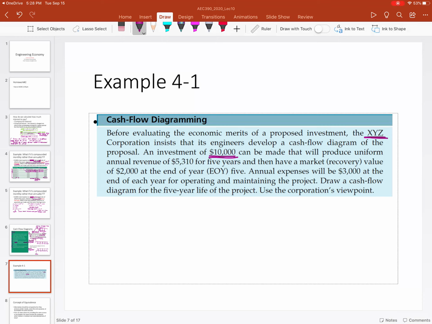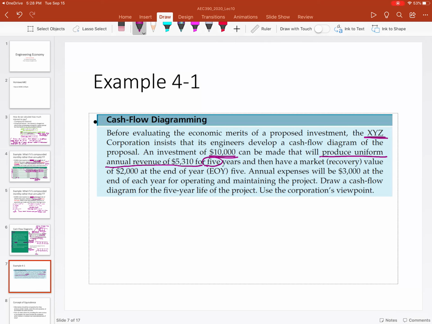And that 10,000 investment would produce uniform, which means same, annual revenue of $5,310 for 5 years. And then have a market value of 2,000.